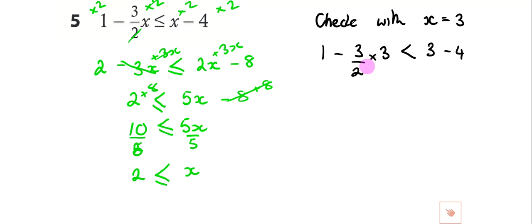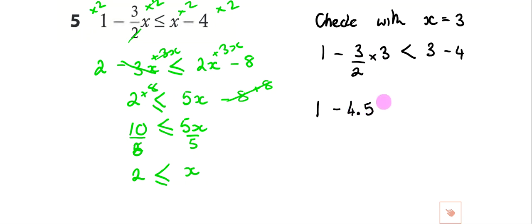So, what is 3 halves times 3? 4.5, yeah? 9 over 2, 4.5. So minus, should we say 4.5?